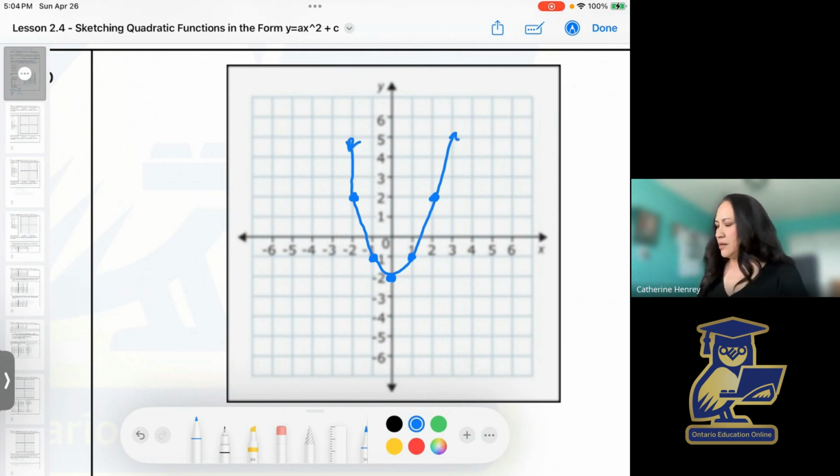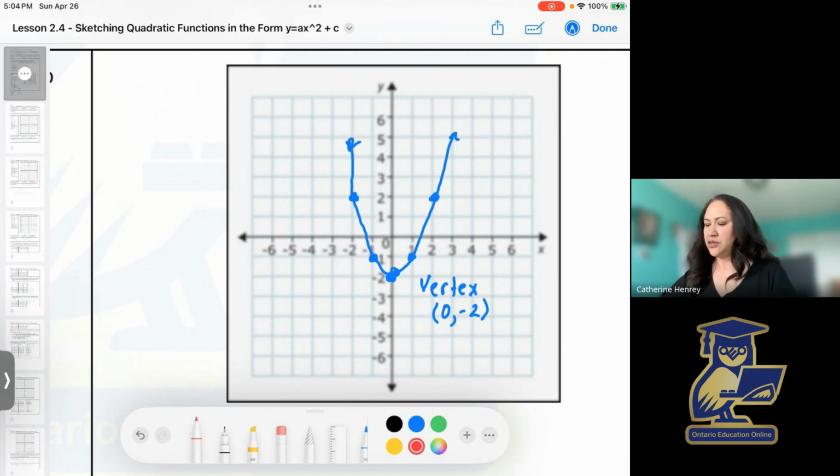Okay. And we can see a couple of things. So we have here the point at which the parabola changes, and that is the vertex. And here it looks like it is at (0, -2). And then we also see the axis of symmetry.